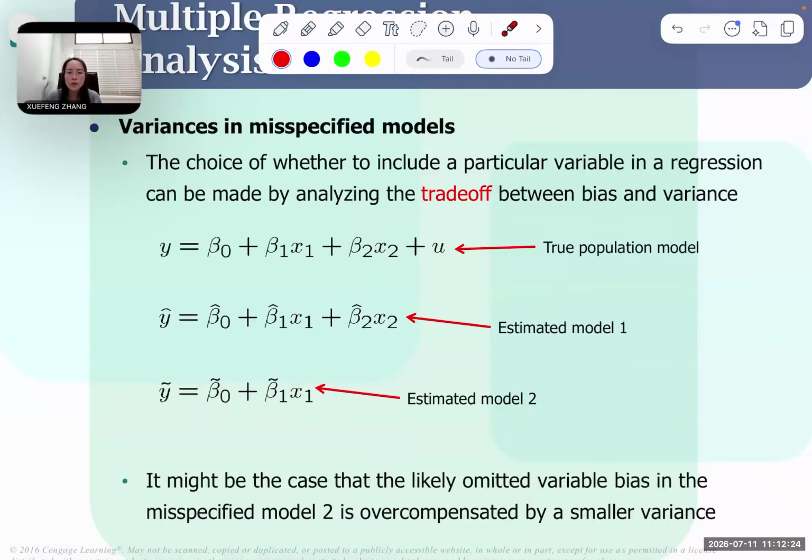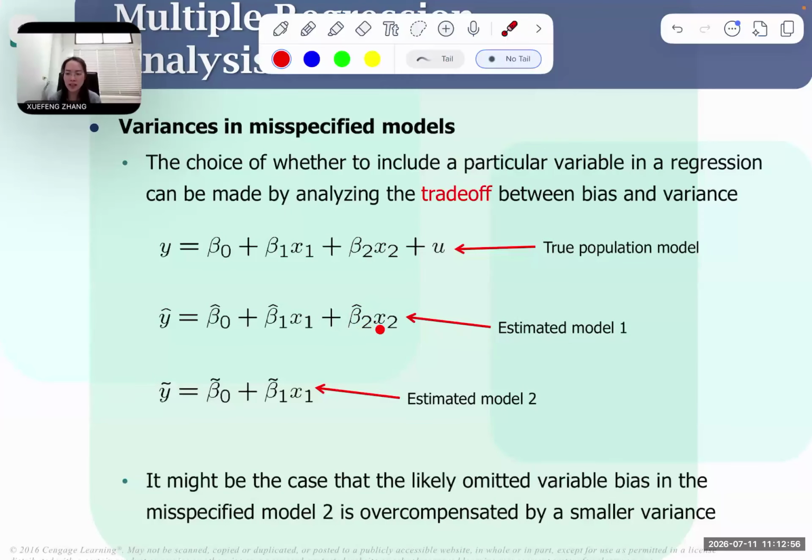Now we bring bias and variance together. This is the real trade-off behind deciding whether to include a variable. Suppose we have a true population model, which is with x1 and x2, okay? And estimated model 1 includes both x1 and x2. Because this is the estimated model, we have hats here.